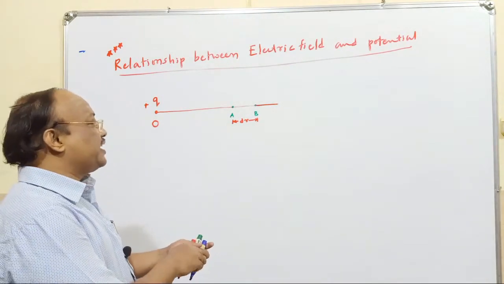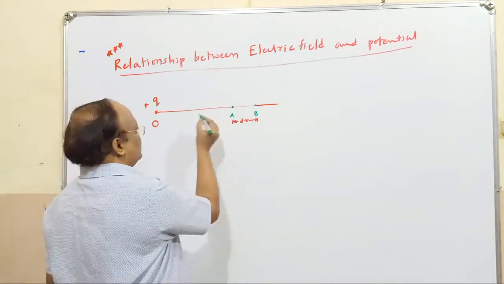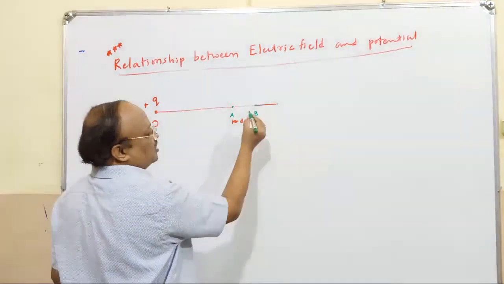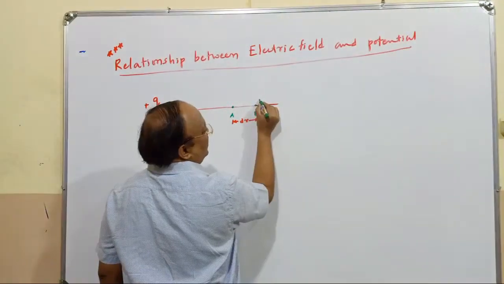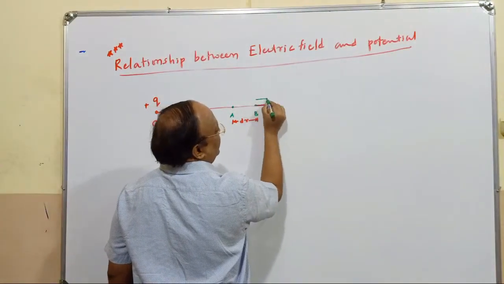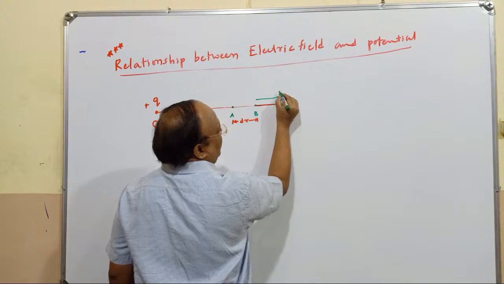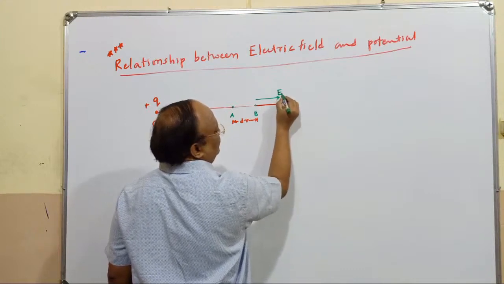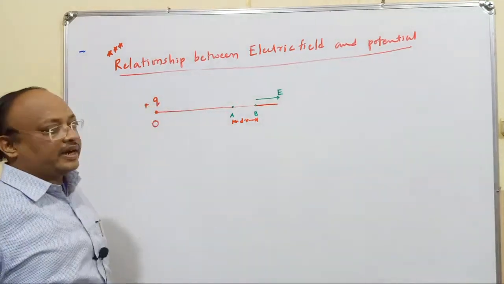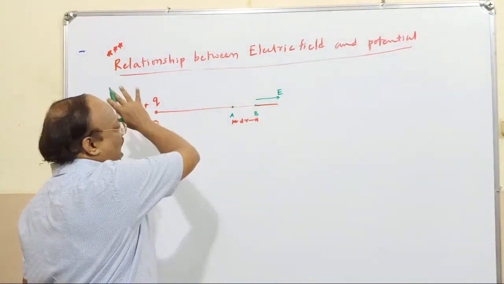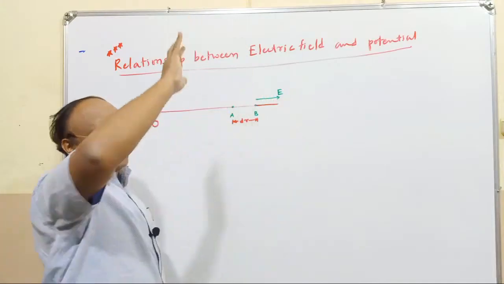Since it is a positive charge, the direction of the electric field is away from the positive charge.